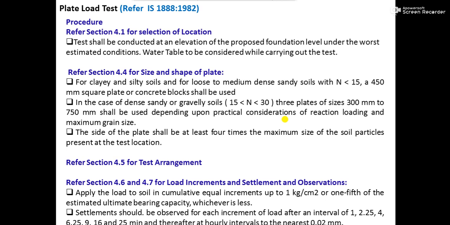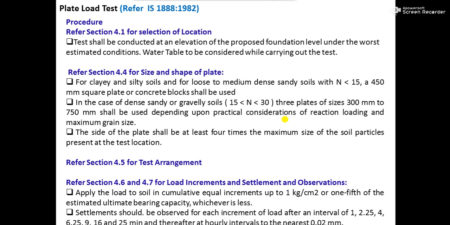Okay. So you need to see that the plate load test is a very time consuming test. At the site, you may have to wait for 3 days, 4 days, 5 days to get the proper reading from the plate load test. Because after you put the load, you will have to wait and see up to 25 minutes: 1 minute, 2.25, 4, 6.25, 9, 16, 25, and after that an hourly interval also, and you should observe whether at the particular load the soil has settled to the nearest 0.02 millimeter.